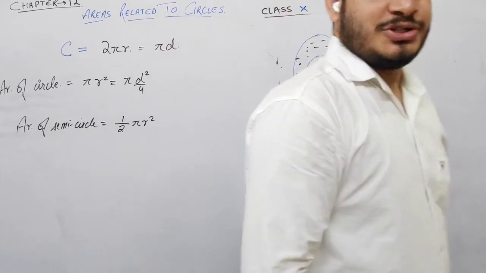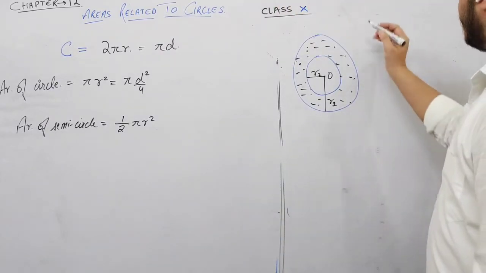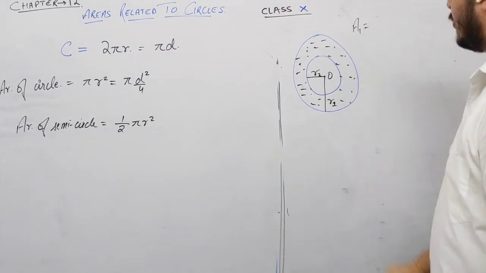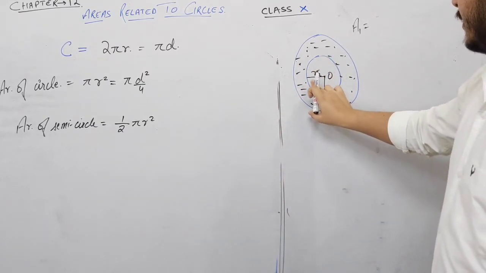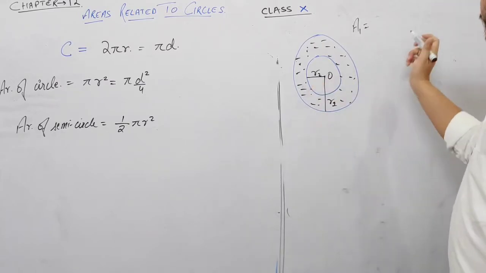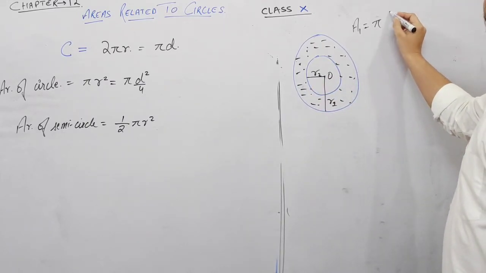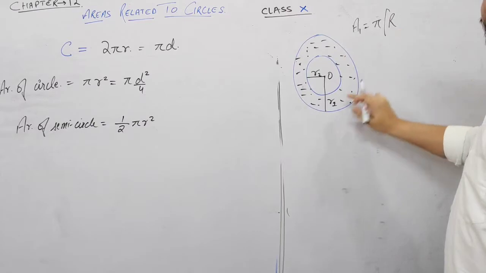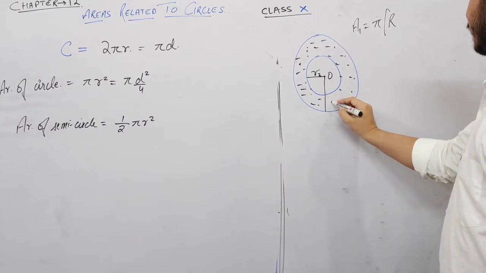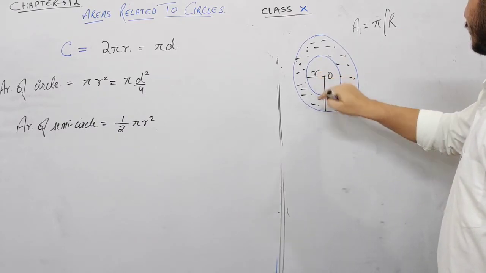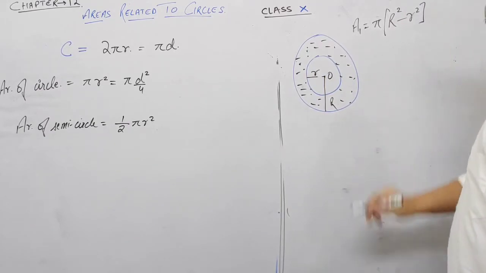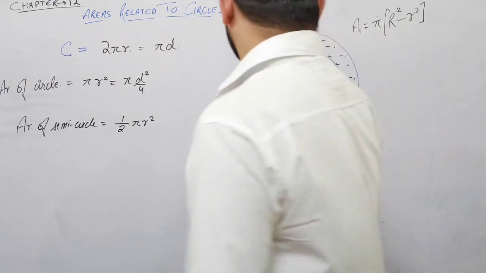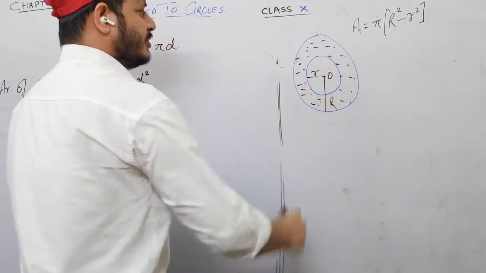The area of the shaded portion is equal to pi R square minus pi r square, that means pi times R square minus r square. This is the area of the shaded portion.